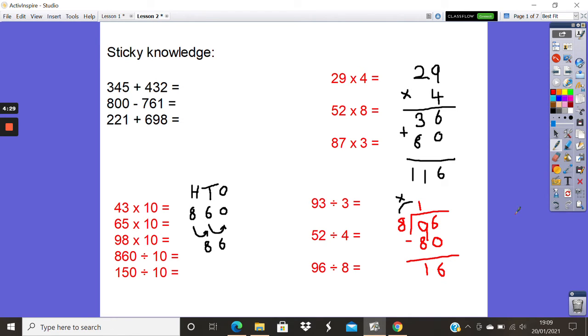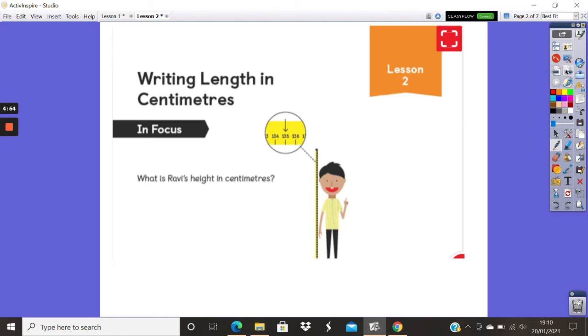Now we know 16 is in the 8 times table. So how many 8's go to 16? 8, 16, that would be 2. So 96 divided by 8 would be 12. And then we're going to take 16 away to check if we have any remainders. 6 take away 6 is 0. 1 take away 1 is 0. Okay, have a go at 52 divided by 4.